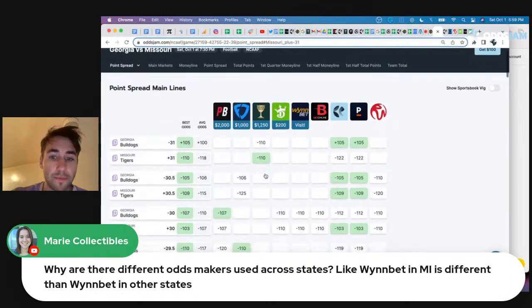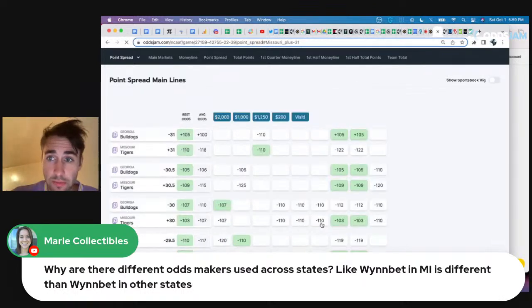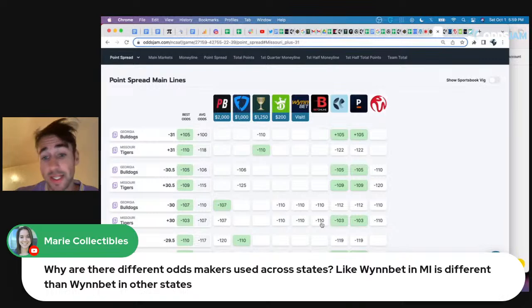Plus 31. Where's Bet Online? So Bet Online has this at minus 110. So that's an opportunity, right? Honestly, I probably should middle this. To be completely honest, I probably should. 30 versus 31.